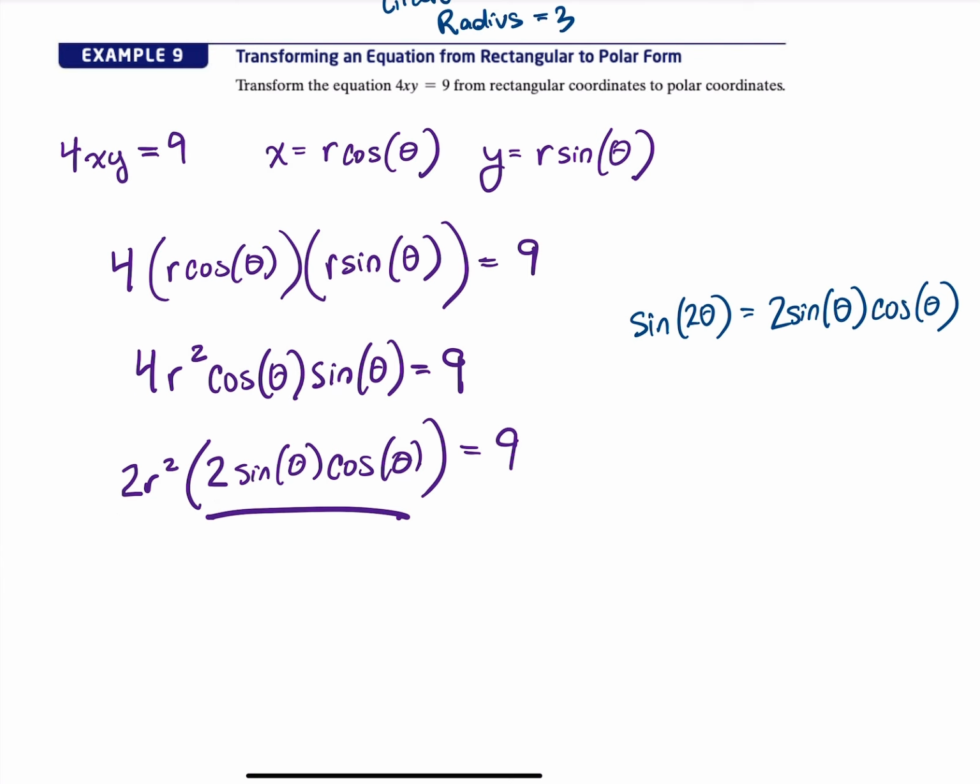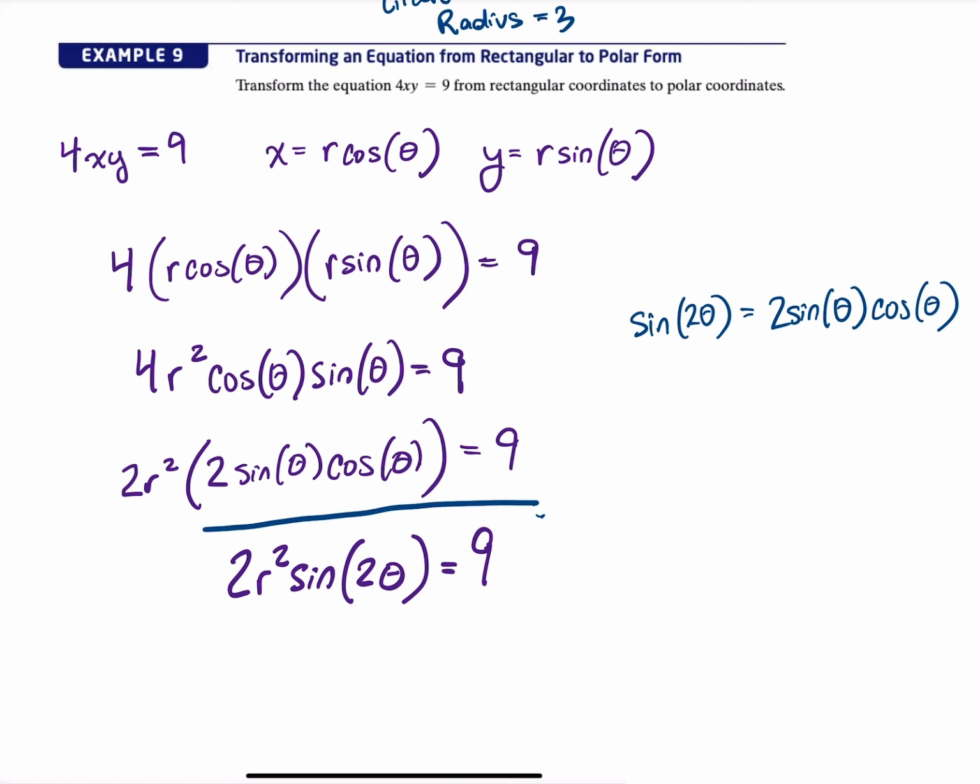So that means we can replace this with 2r squared sine of 2 theta, just to make it a little bit more reduced. So we went from a rectangular coordinate equation to a polar coordinate equation. And you can use these as substitution.